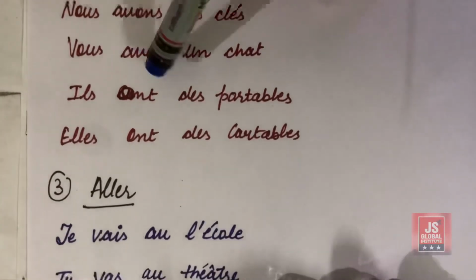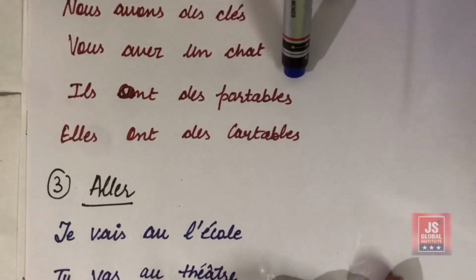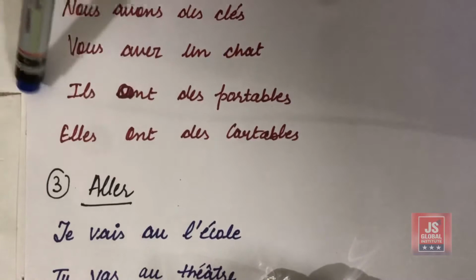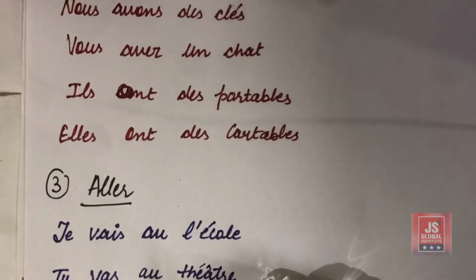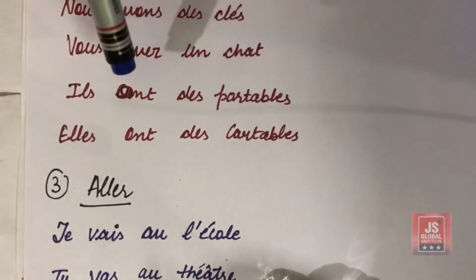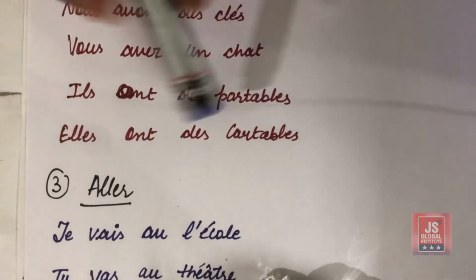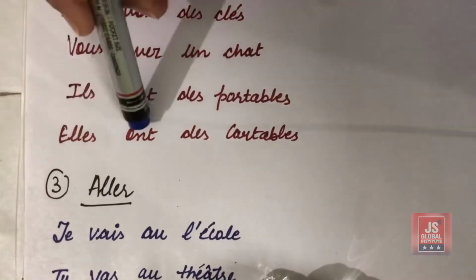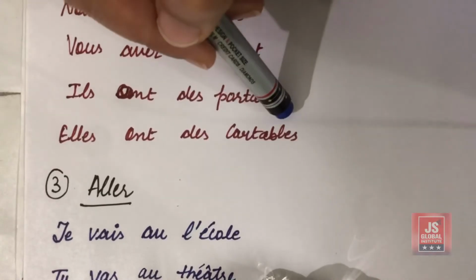Next is ils ont des portables. So here ils refers to they. Okay, they includes the masculine plural, that is all of the respective members are masculine. Ils ont des portables, that is they have mobile phones. Elles ont des cartables, that is they have the school bags.